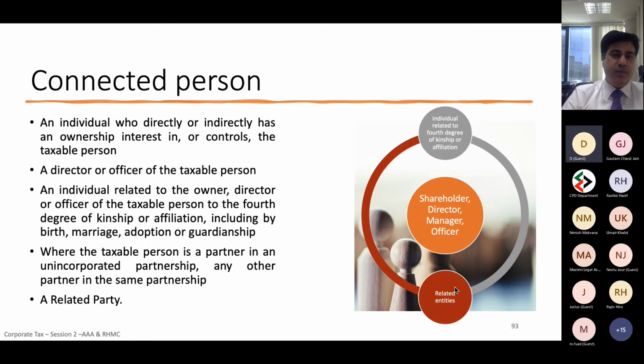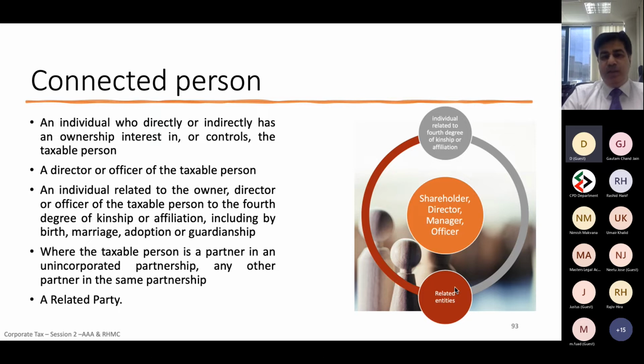An individual who directly or indirectly has an ownership interest or control in the taxable person, a director or officer of a taxable person, and an individual related to the owner, director, or officer of a taxable person to the fourth degree of kinship or affiliation, including by birth, marriage, adoption, or guardianship.